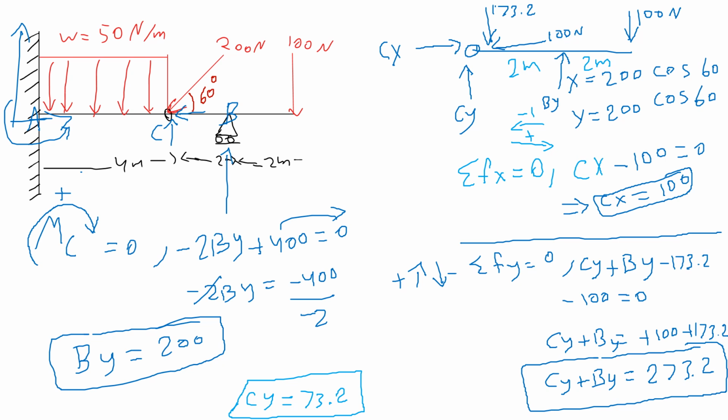So my calculations are very correct. If we add the By to the Cy, if we add the 200 and the 73.2, it's going to give us, just as we found before, 273.2.